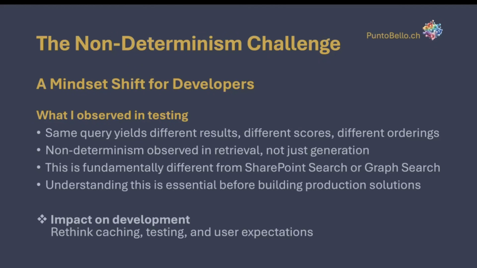That's not a bug; it appears to be how AI-augmented retrieval works. Understanding and accepting this is essential before building a production solution. It changes how you think about caching, testing, and what we promise to our users in terms of consistency.